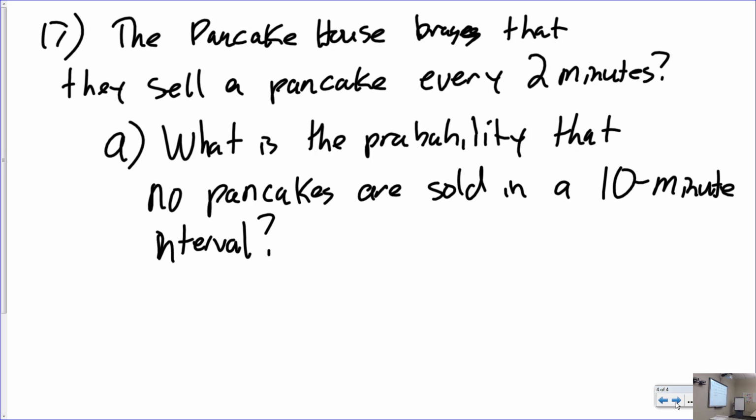So they sell a pancake every 2 minutes, and we want to know what's the likelihood that they don't sell any for 10 straight minutes.